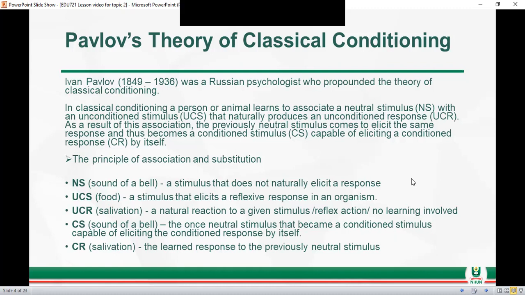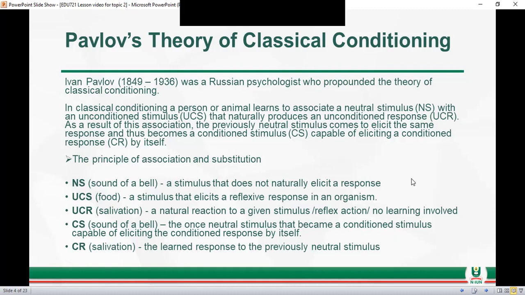I would also like you to note these abbreviations that have been indicated in brackets in that opening definition. Like NS, a neutral stimulus. I've explained the meaning here, so just note down the meaning.